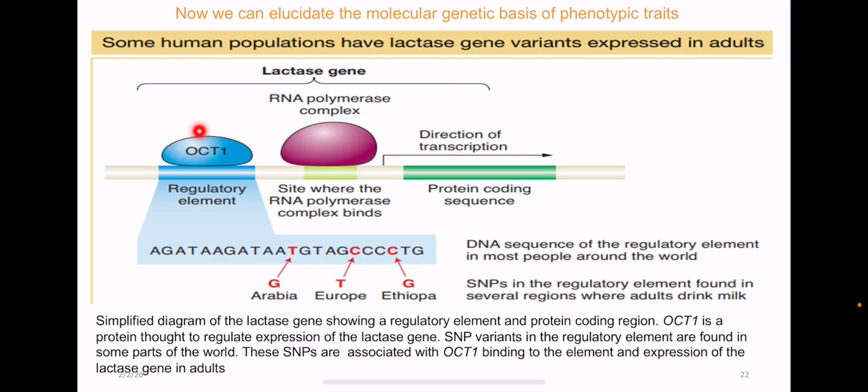So in humans, or in most humans, we know lactase is expressed in infants because basically infants take milk, right. So when we are growing, these lactase genes are actually turned off. But in some populations the lactase remains active.